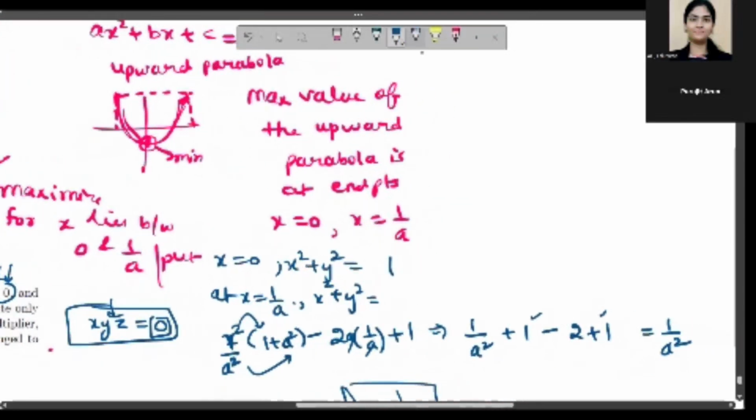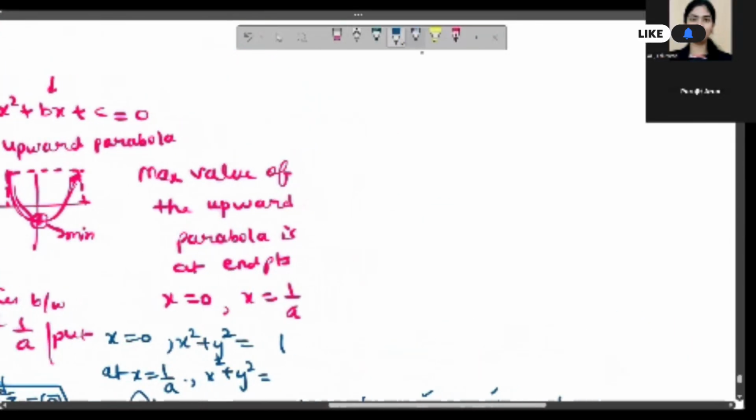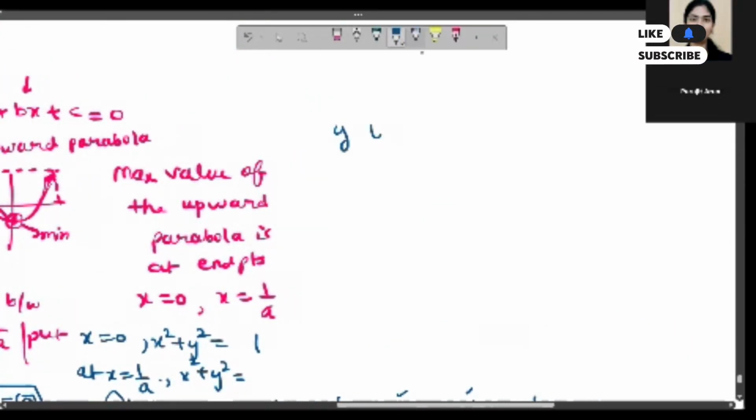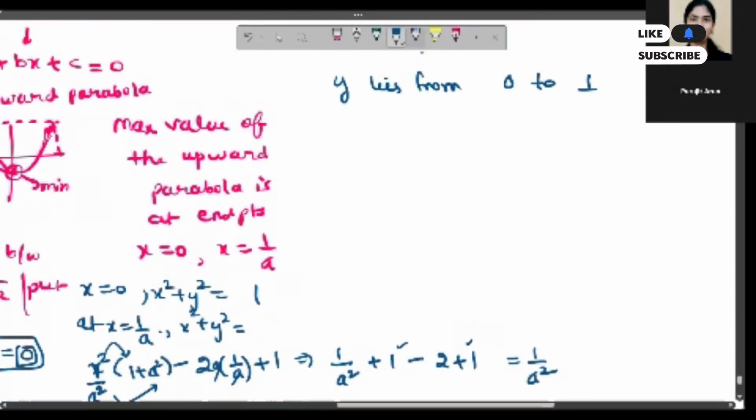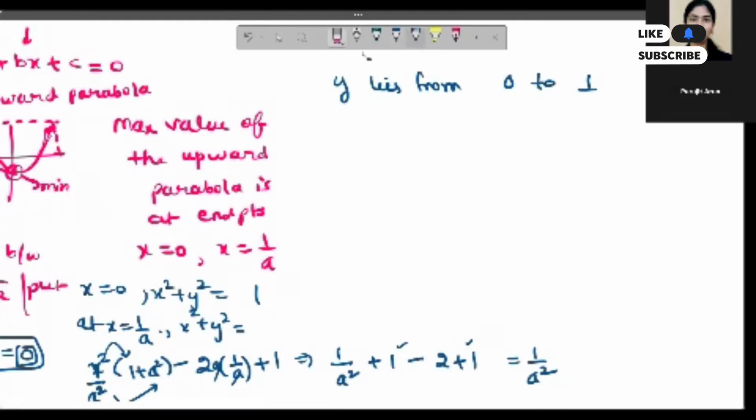That means my y lies from 1 to 1 by a square. Now again back to the question. I have got my endpoints. When I'm substituting x as 0, I'm getting 1.